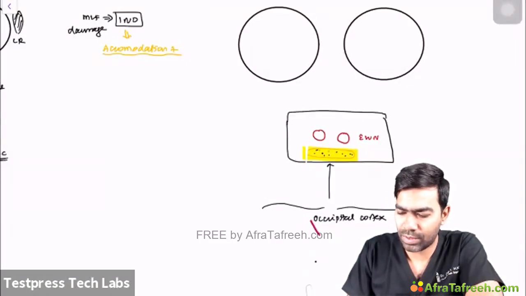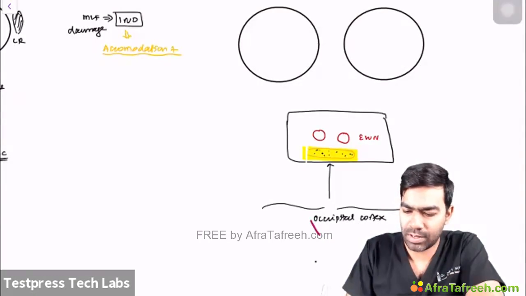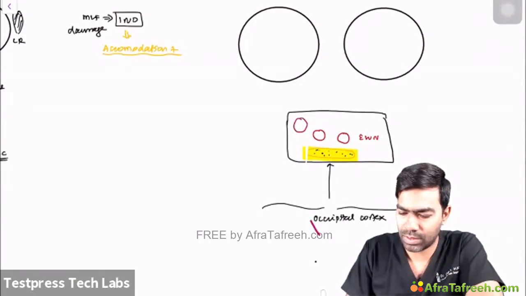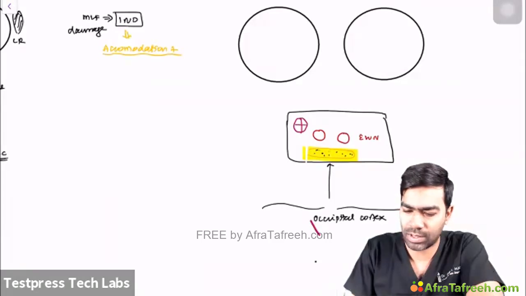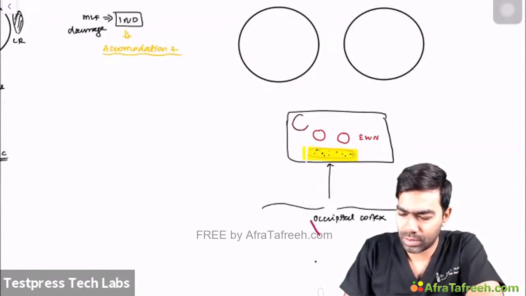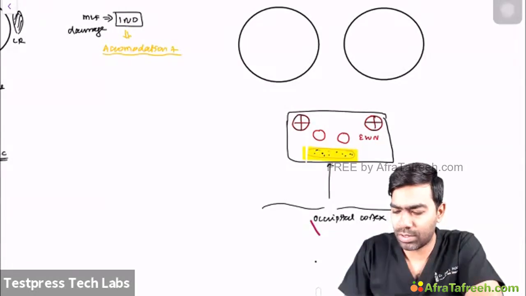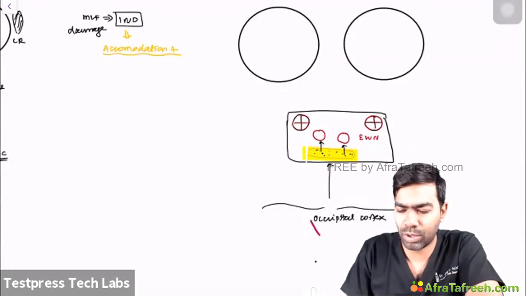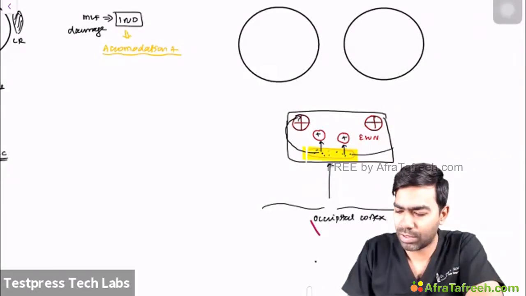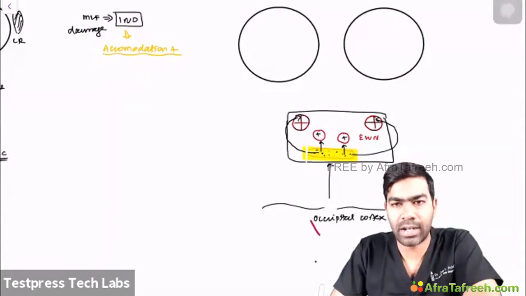This is the Edinger-Westphal nucleus, and we have the oculomotor nucleus as well, which has four characteristic subnuclei. From this accommodative zone, the fibers are going to stimulate the Edinger-Westphal nucleus, and at the same time they are going to stimulate the medial rectus subnucleus of the oculomotor nucleus as well.